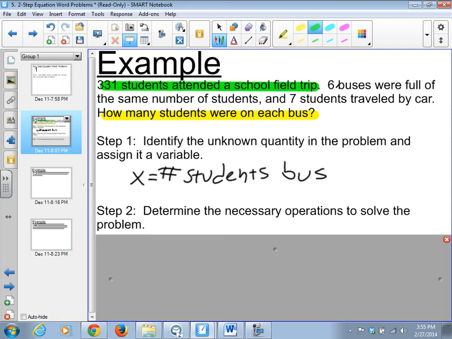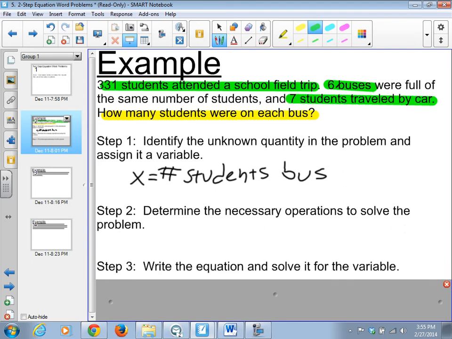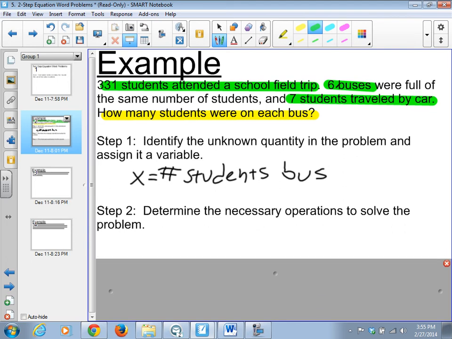We know that much right there. 6 buses were full with the same number of students, and then 7 students traveled by car. So there's the important information that we need to figure out this problem. I like to highlight it and get rid of all the other stuff I don't need to pay attention to.